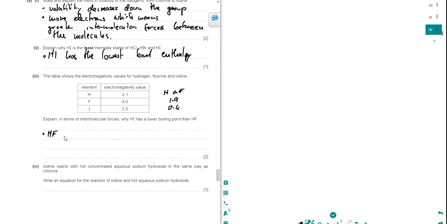That means that HF has permanent dipole forces, whereas HI has only induced dipole forces.